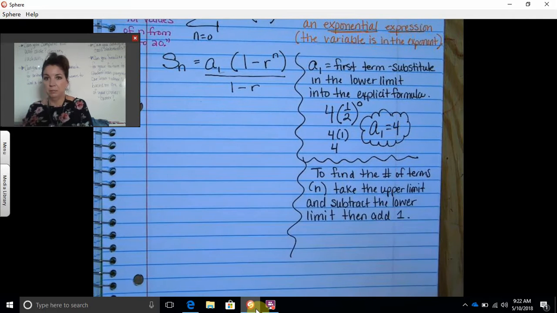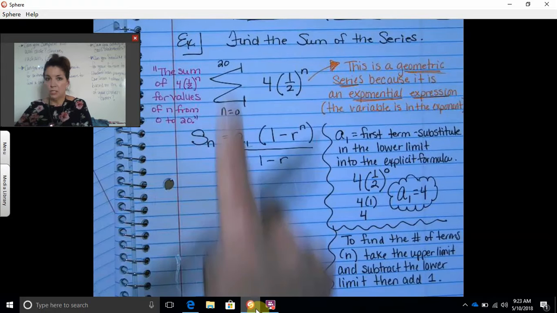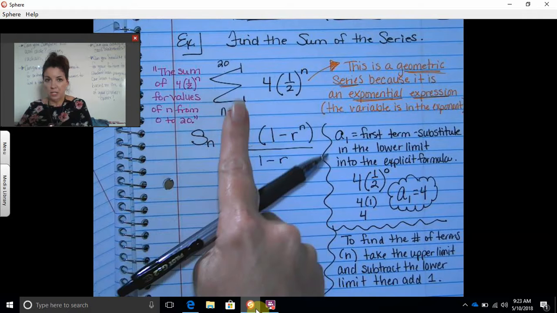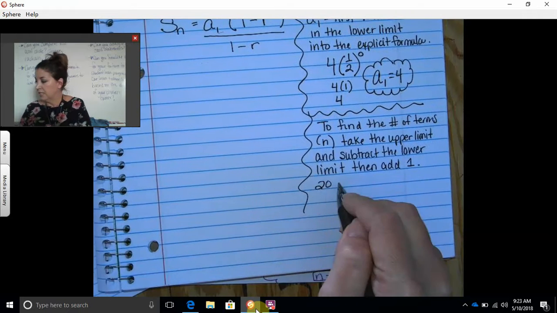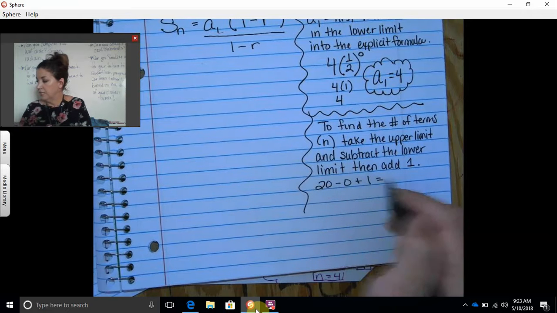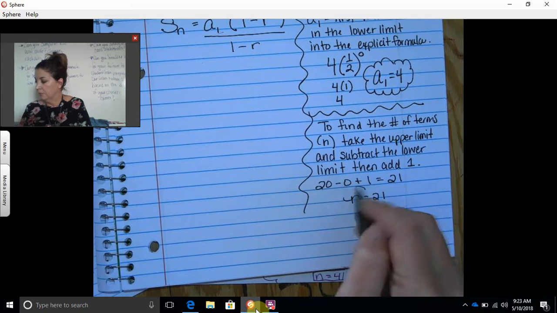Every time, add 1. So my upper limit's 20, minus my lower limit is 0, then add 1. 20 minus 0 plus 1 is 21, therefore n is 21.